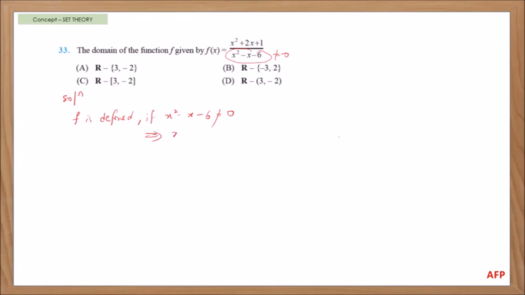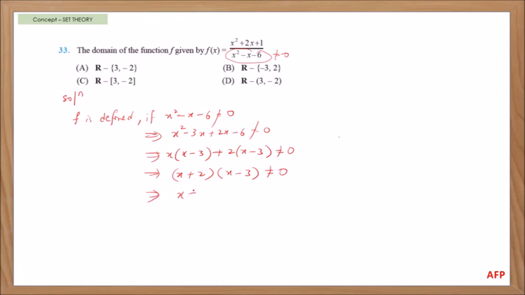If you factor this quadratic equation, x square minus 3x plus 2x minus 6 is not equal to 0. So x(x minus 3) plus 2(x minus 3) is not equal to 0. That is, (x plus 2)(x minus 3) is not equal to 0.